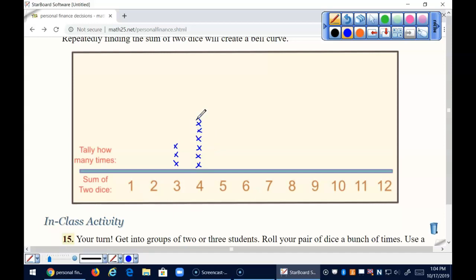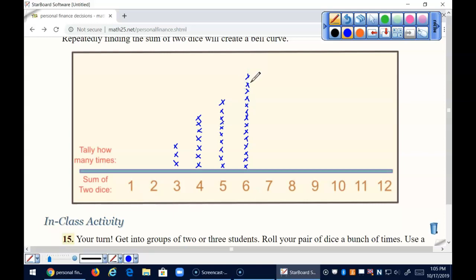5s. How many 5s do we get? 2, 6, 9, 10. 6s. How many 6s did we get? 4, 5, 10, 11, 14. That should be the biggest one, right? 7s.